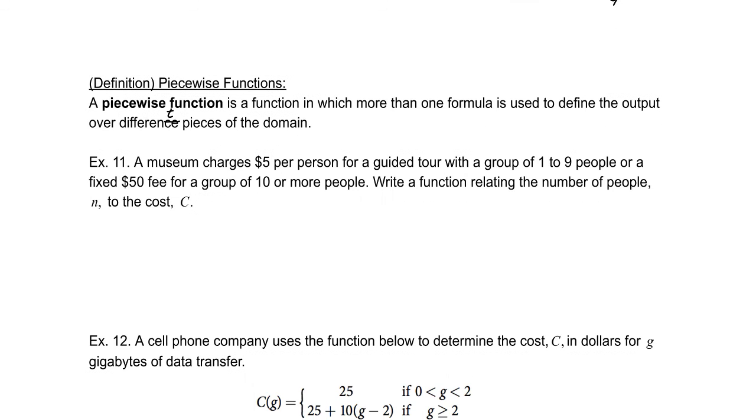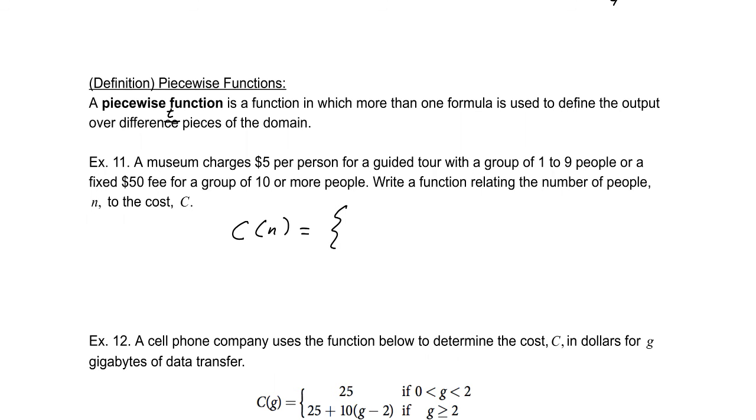So, example 11, a museum charges $5 per person for a guided tour with a group of 1 to 9 people, or a fixed $50 fee for a group of 10 or more. Write a function relating the number of people n to the cost c. So the cost for n people to have a guided tour depends.